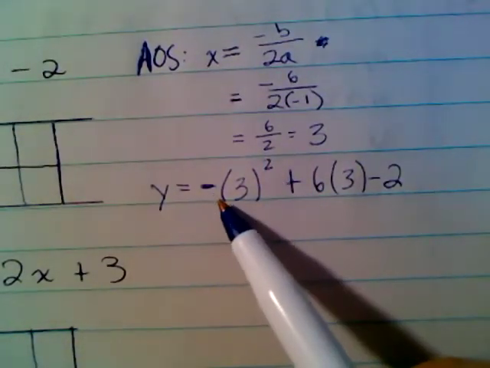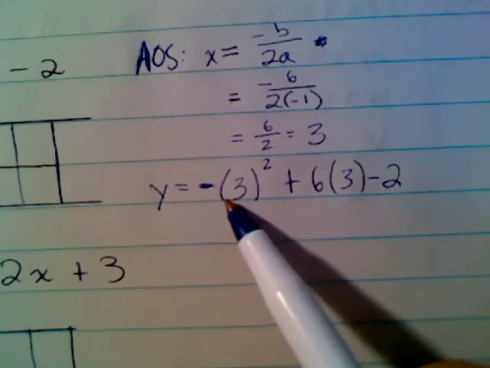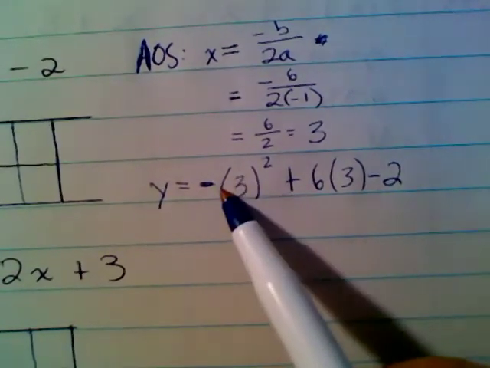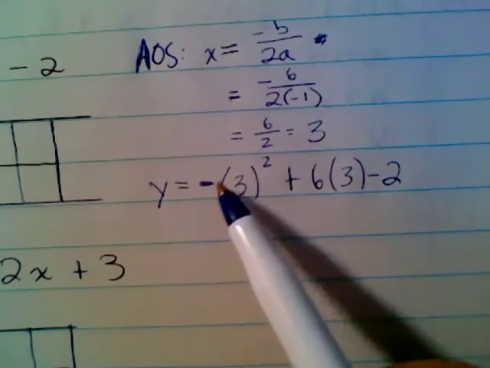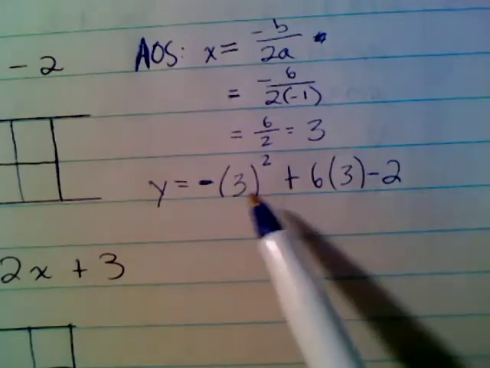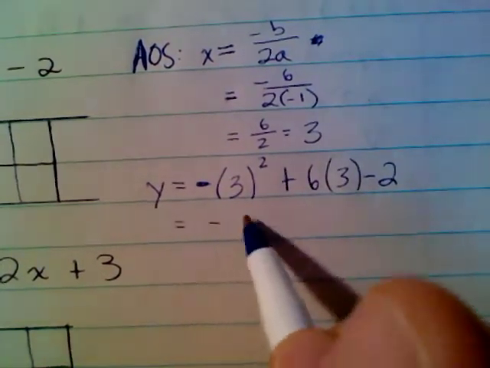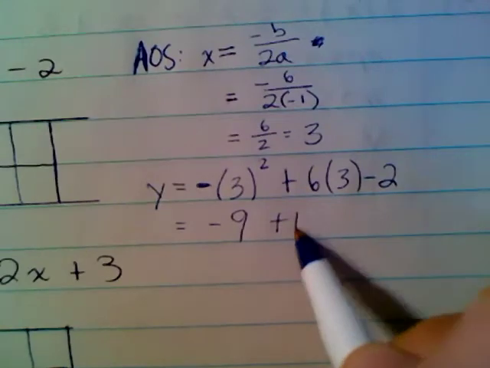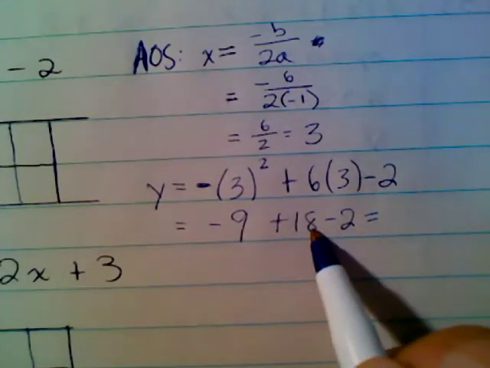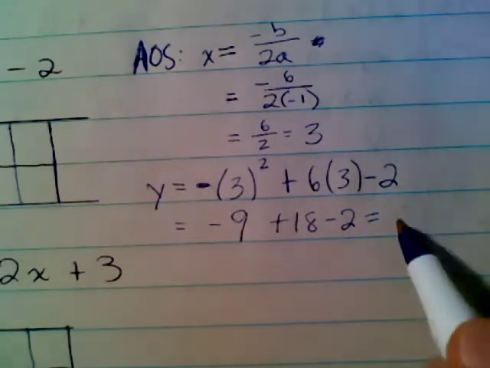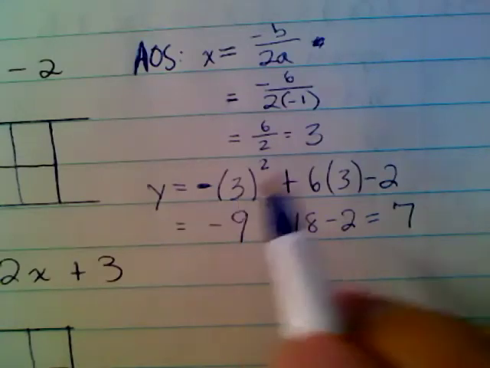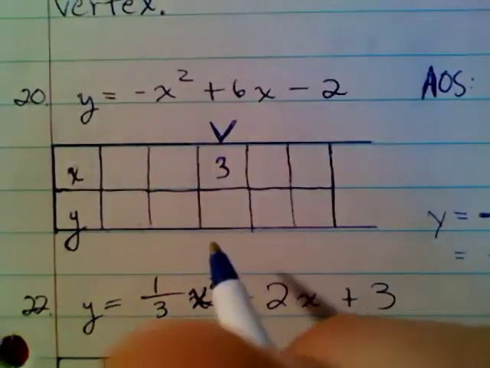A lot of you do not have the parentheses, but please write those parentheses, because if I don't write them, I'm probably accidentally going to make the mistake of calling negative 3 squared positive 9, but this is actually negative 9. Okay? Negative 9 plus 18 minus 2. Negative 9 plus 18 is 9, so 9 minus 2 is 7. So that is my y value when I plug in 3. So 3 comma 7.